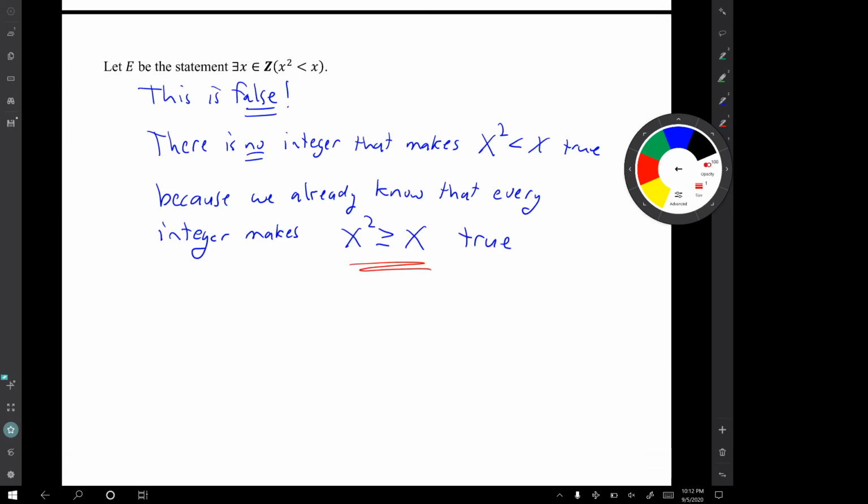So if that inequality is true, then this inequality cannot be true. This inequality up here would be false. So this is an existential statement that's false, and it's because there is not a single element in the domain that will make the predicate true. Remember, the existential statement just says there is at least one element of the domain that makes the predicate true, but no, in this case there aren't any at all. So the existential statement is false.